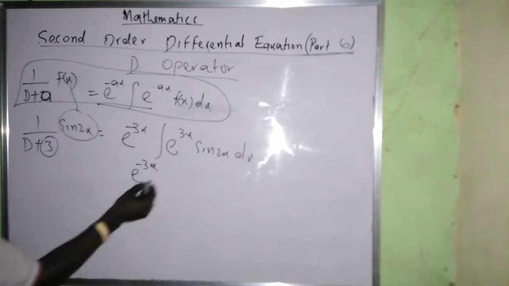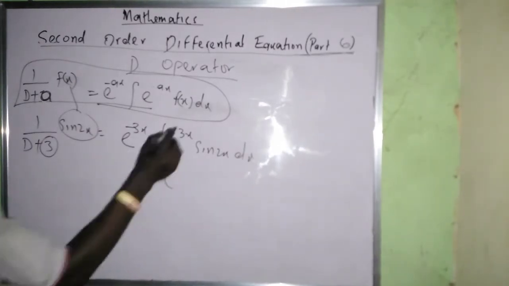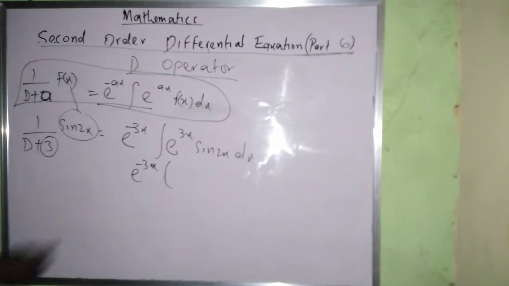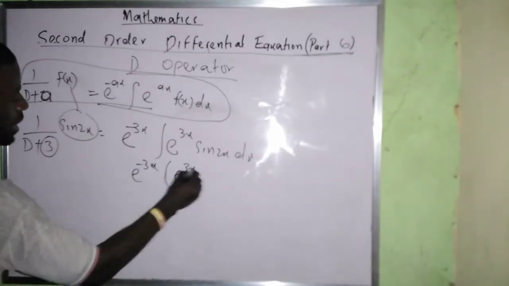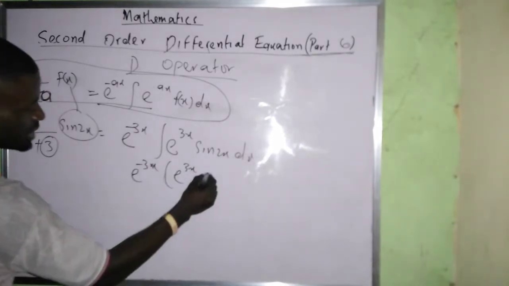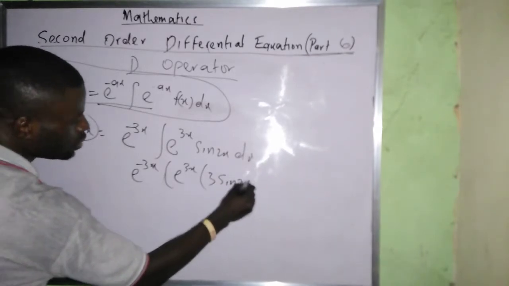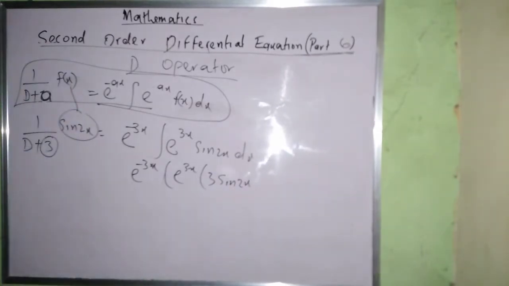Now, I want to integrate this particular problem. How do I integrate it? I will bring out this exponential. The exponential will not change. Differentiating, I'll be having 3, and I will repeat sine 2x. That is the first thing I will do. Minus, because our integral by parts is minus, attaching them together.